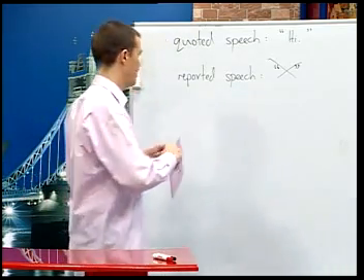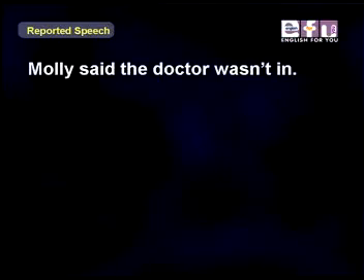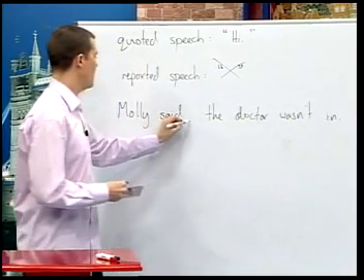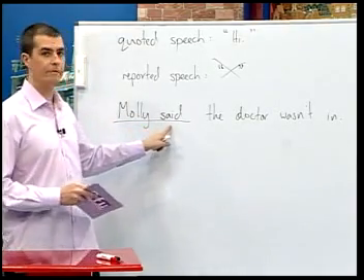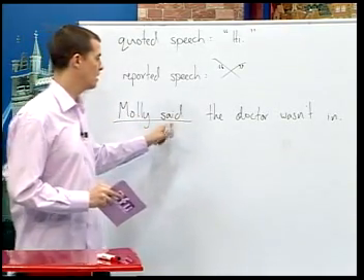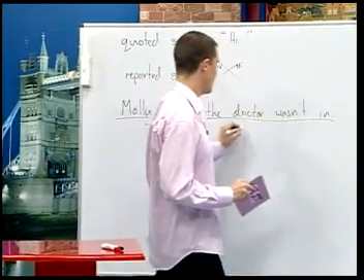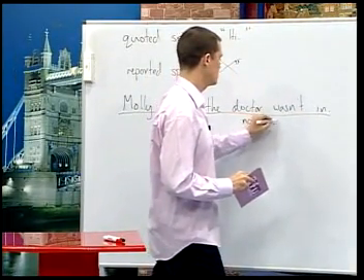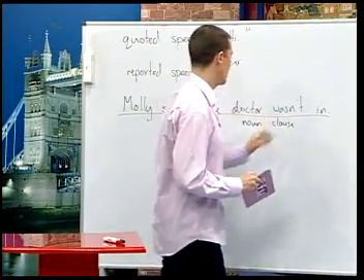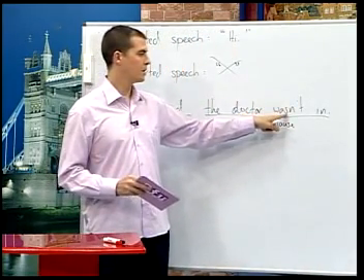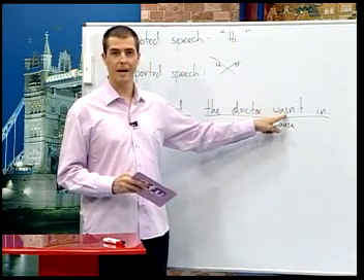Let's look at that first example. Molly said the doctor wasn't in. Okay, this is the main clause, Molly said, and the verb is in the past tense. This is the noun clause, and the verb is also in the past tense.